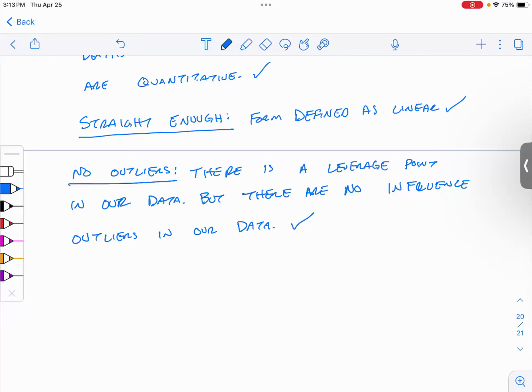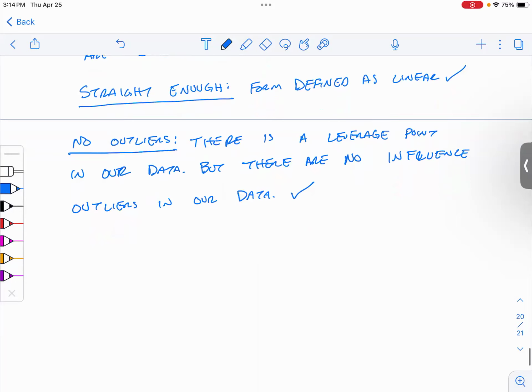So that condition is met. You can have leverage points in your data. It's influence points that fail this condition. All right, so the conditions are met.